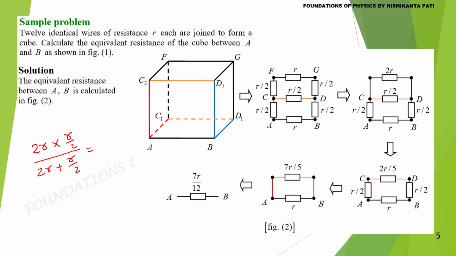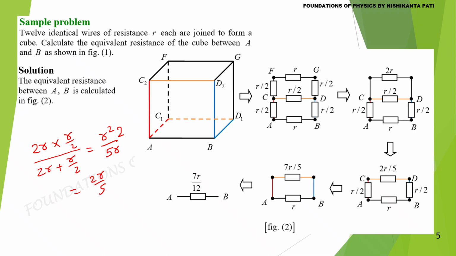So this is R square by 2 over 3R by 2. So this is 2R by 3.